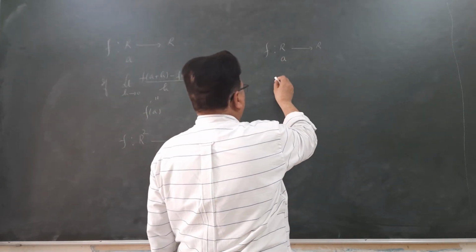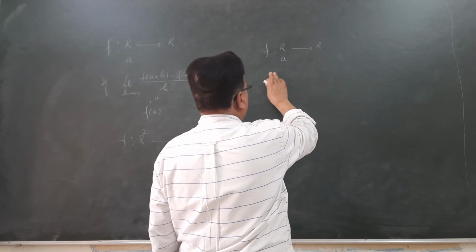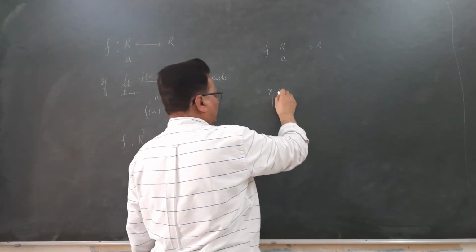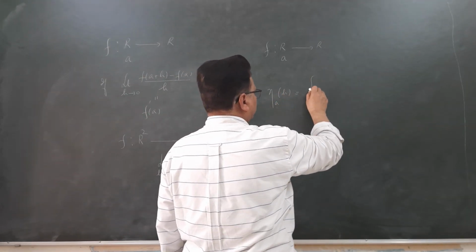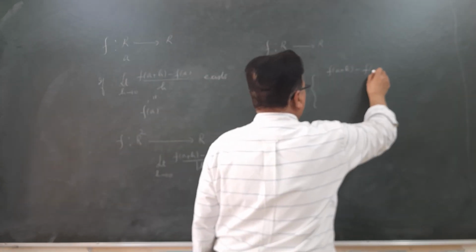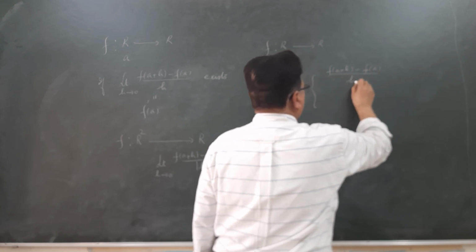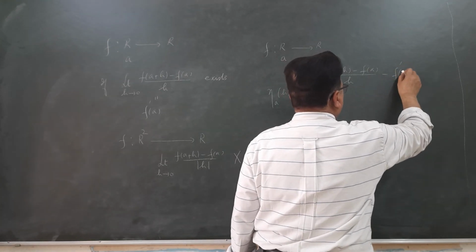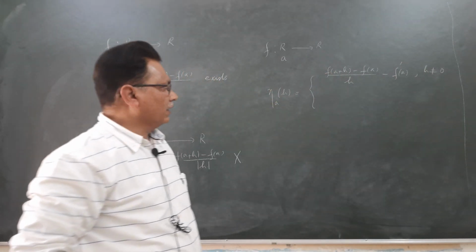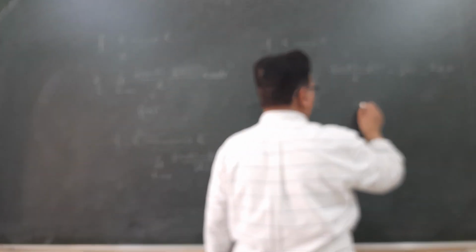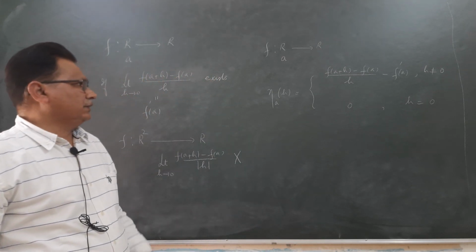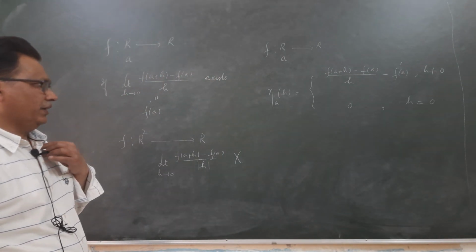If f is differentiable at a point A, I will consider a new function eta A. It's a function of a scalar h. Let us define it like this: f of a plus h minus f of a upon h minus f dash a when h is non-zero, and 0 when h equal to 0. So this is a function which I am defining.